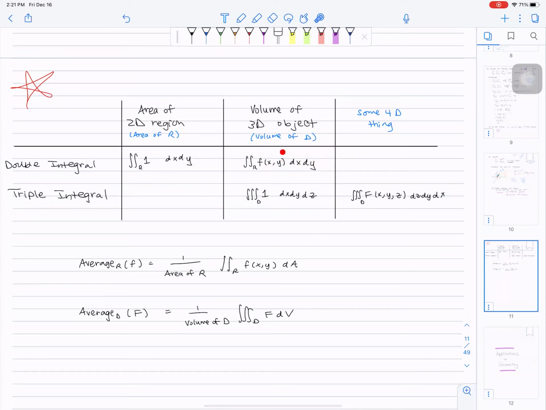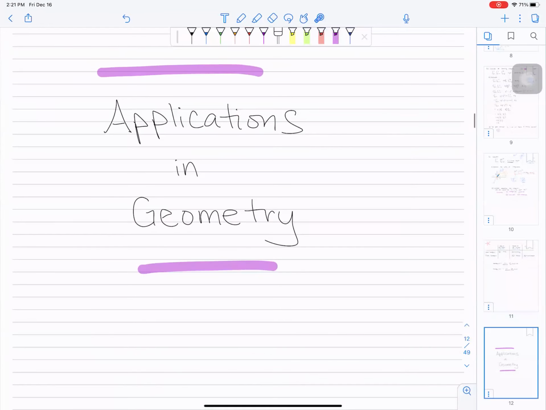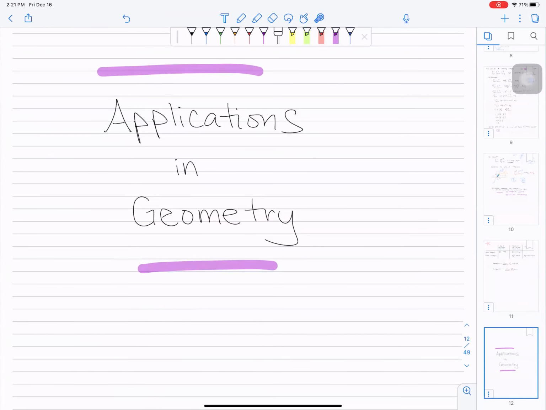But it could also represent integrating a density function over 2D, right? Yes, except we don't have a density here, there would be a rho. So like unit density. Oh, okay, thank you. Yep. And that's a good segue to our applications, where we'll talk about density and other things.